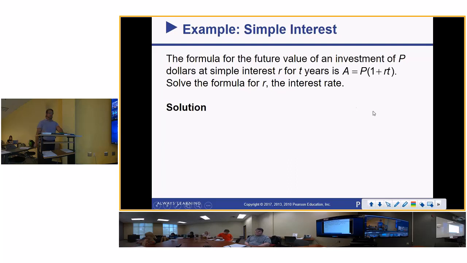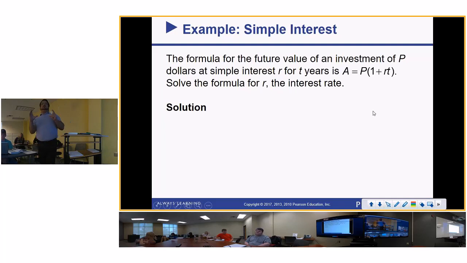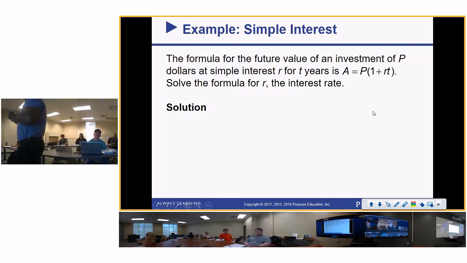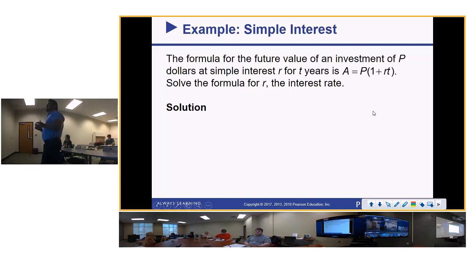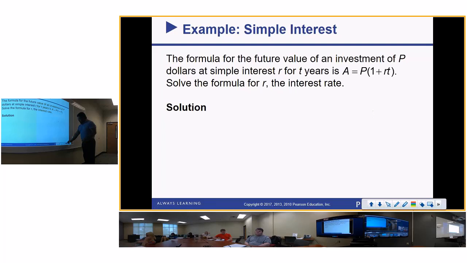What's the first step? Well, you got a block of cement right there, 1 plus RT. You can't do anything with a block of concrete unless you bust it up. So how do you bust it up in math? You use the distributive law, Hubert. That's right, class. So A is equal to distribute P plus PRT.